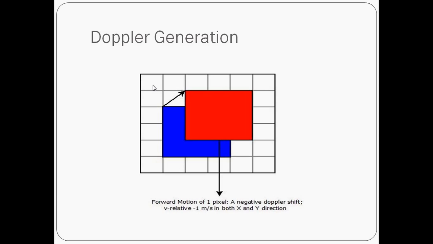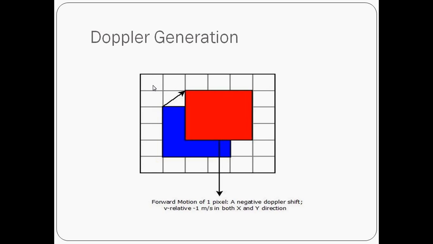A forward motion creates a negative velocity, and thus it decreases the frequency of observation, and so there is a negative Doppler shift, and vice versa. If it would have moved back, then there would have been a positive Doppler shift, a positive relative velocity, and so in this way the Doppler effect is generated. And to find out the blocks, we utilize the correlation again, the two-dimensional correlation.